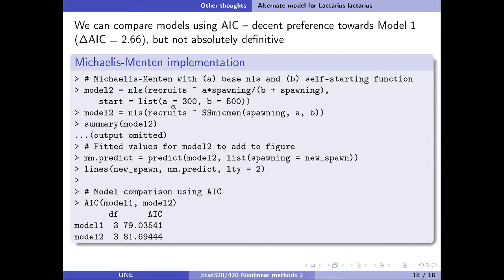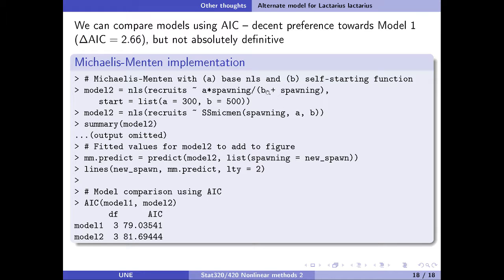And I gave some reasonably intelligent starting values that don't crash. I can also use the NLS model using the self-starting function, where I just say recruits tilde SSmicmen spawning comma A comma B.